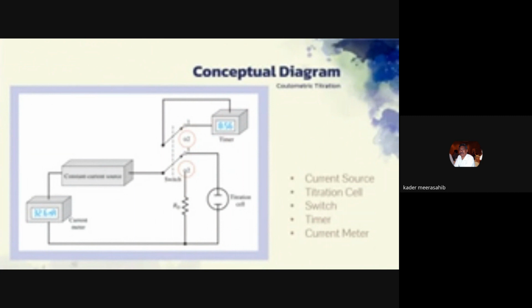With the switch in this position, however, current continues to be drawn from the source and passes through a dummy resistor that has about the same electrical resistance as the cell. This arrangement ensures continuous operation of the source, thus aiding in maintaining a constant current.